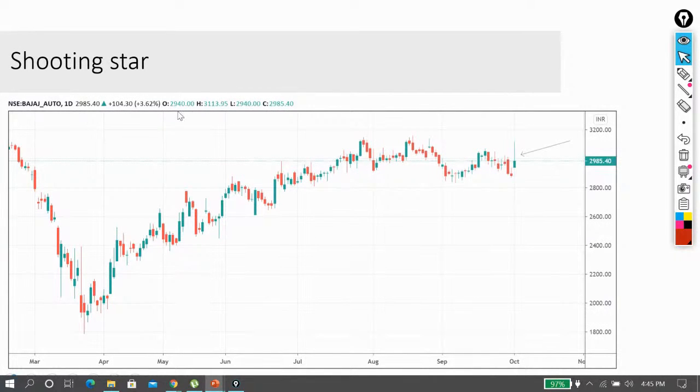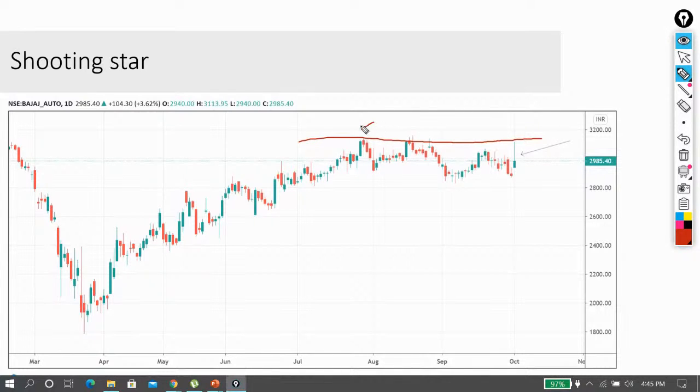Shooting star. This is the recent chart of Bajaj Auto. As you can see, this is 1st October chart. So what does a shooting star tell us? Shooting star tells us the psychology that price was not able to sustain the highs, right?